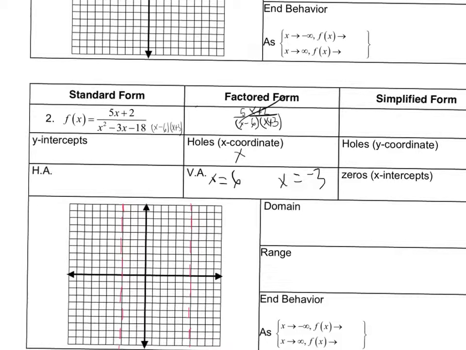Is it big on bottom, big on top, or the same? Bottom, so it's y equals 0. Remember, every time you want to decide on a horizontal asymptote, you have to look at the powers. If it's heavier on bottom, it means y equals 0. So y equals 0 is your horizontal asymptote.